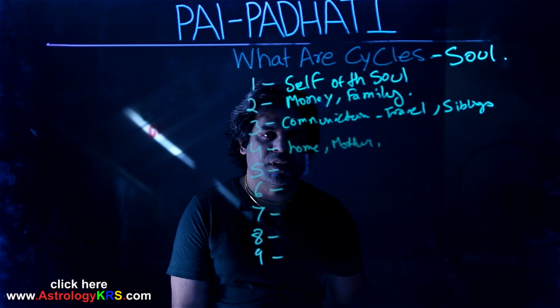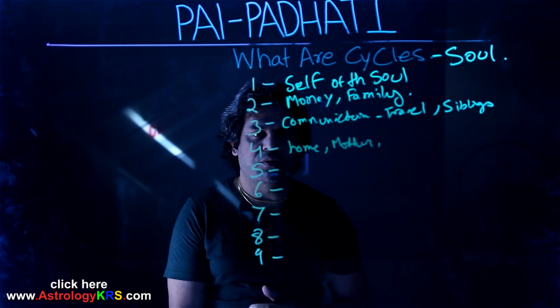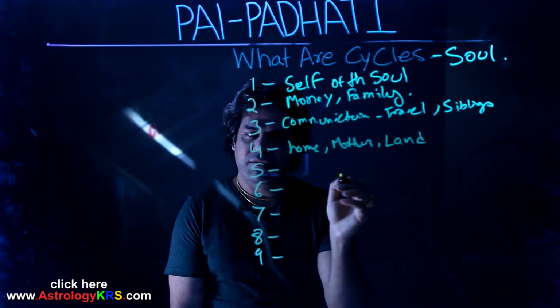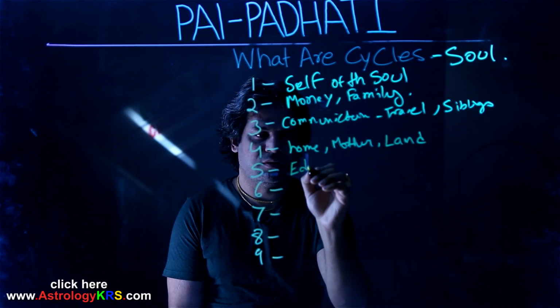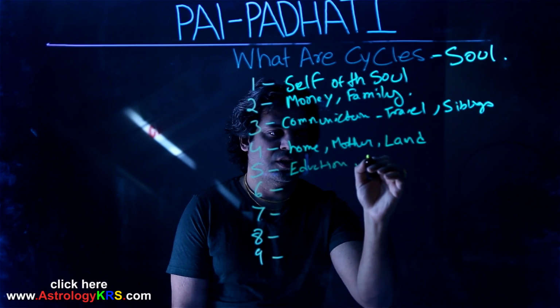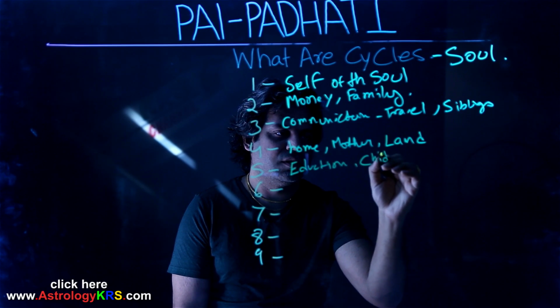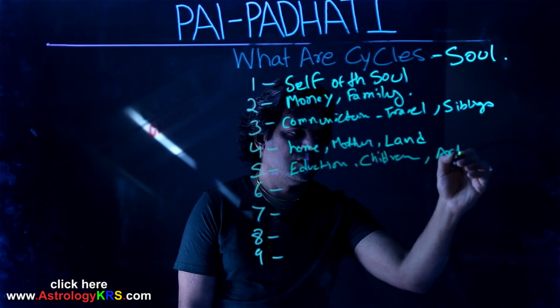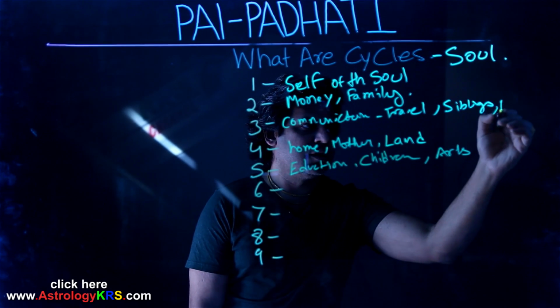Okay. Think of all the basic concepts of the 4th house. Land. 5th house, education. Children. Arts. 3rd house is also arts.